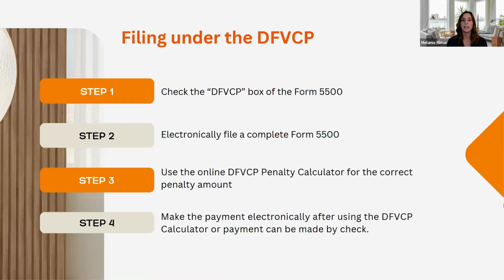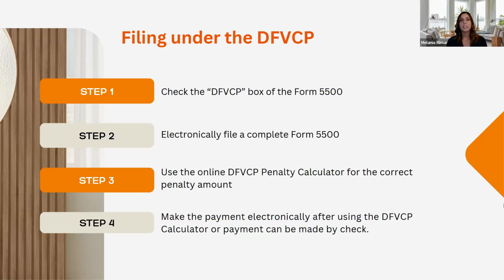So how do we file under the DFVCP? It's pretty simple. On the 5,500, we're going to check that DFVCP box, and then we need to electronically file your Form 5,500, because 5,500s cannot be mailed in. They have to be filed electronically.